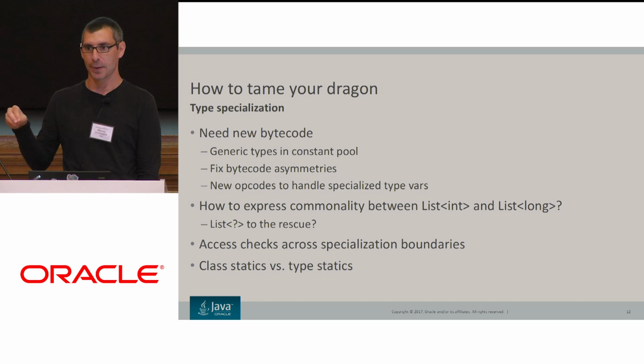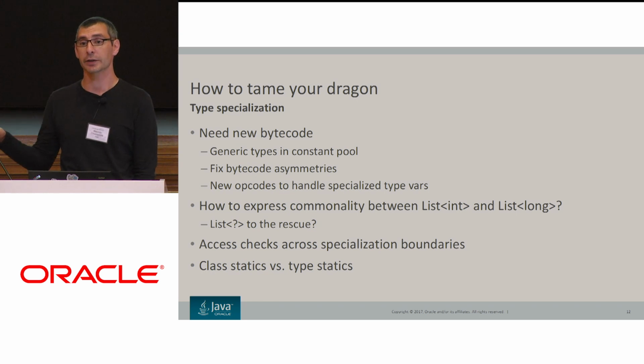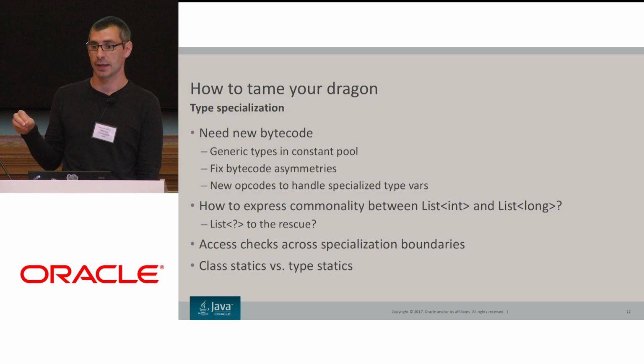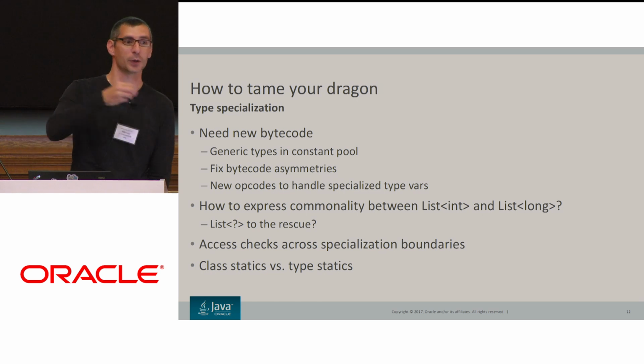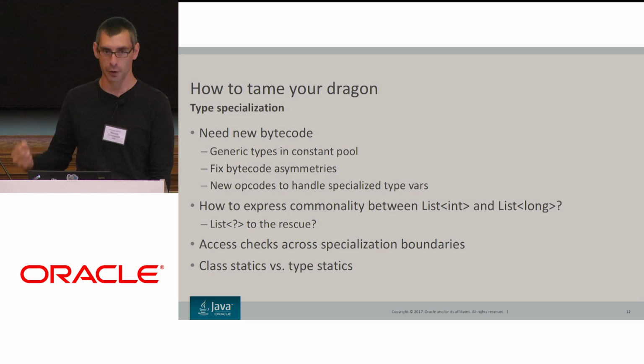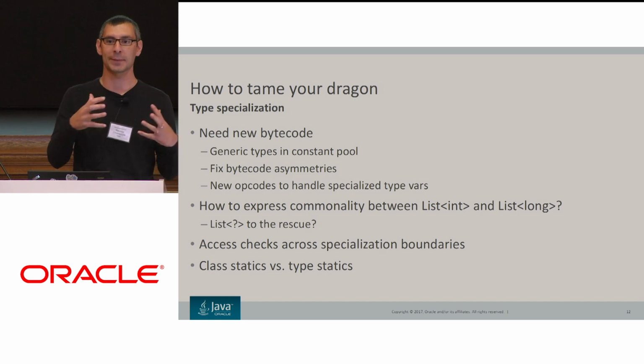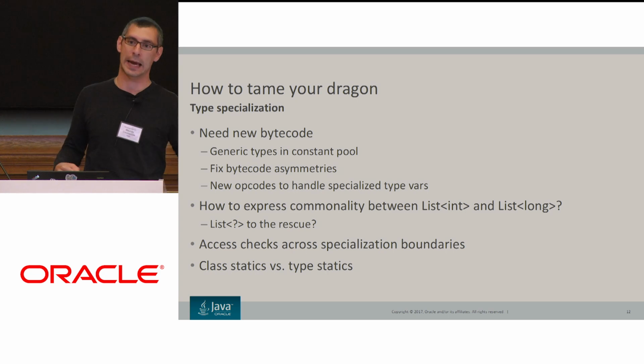A lot of opcodes depend on the carrier types that you're operating on, and certain operations, such as comparison, are expressed in different ways depending on which carrier you're operating on. And that's going to hurt big time if you want to reuse the same class across primitives and references.